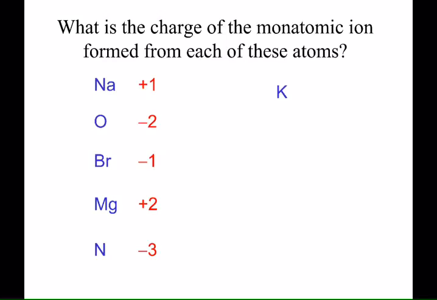Potassium, 1A, it's under sodium. Loses its valence electron, forms a +1 cation. Sulfur, it's under oxygen, 6A. It picks up 2 electrons, forms a -2. Fluorine, another halogen, picks up 1 electron, forms a -1.